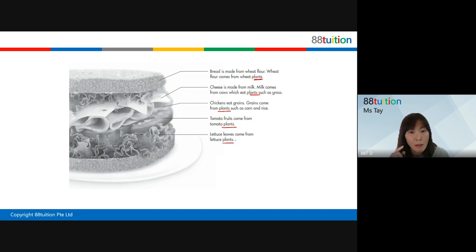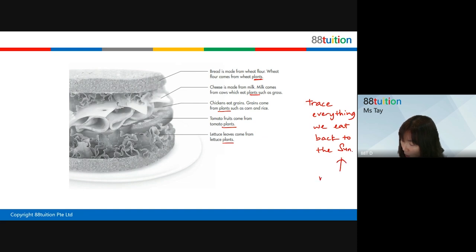So everything that we are eating will eventually lead to the plants, and from the plants, it will be linked back to the sun. So we trace everything we eat back to the sun. So the sun is our main source of energy. Do you see that?